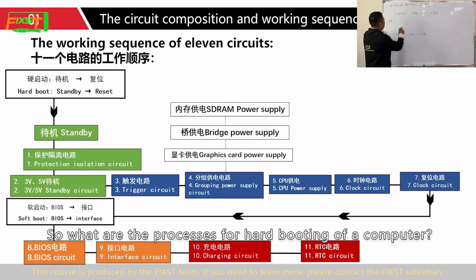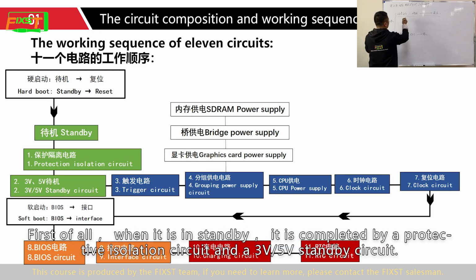So what are the processes for hard booting of the computer? First of all, when it is in standby, it is completed by the protected isolation circuit and the 3V and 5V standby circuit.